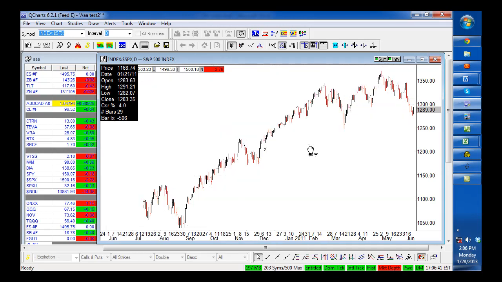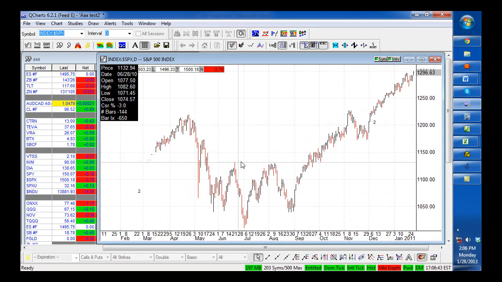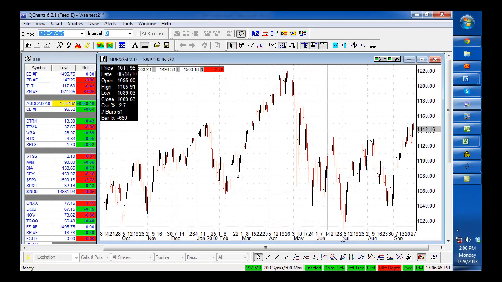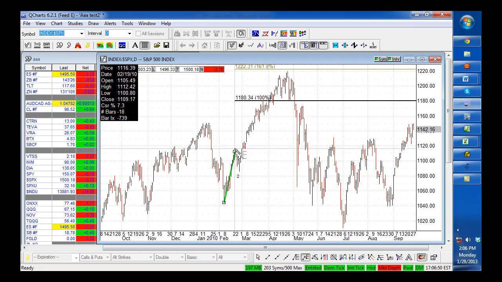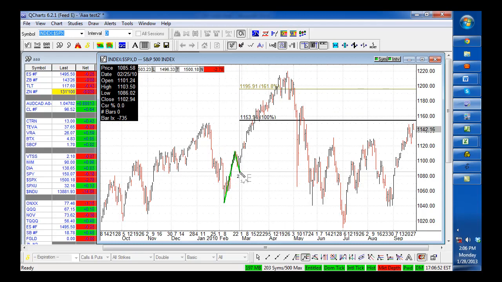Okay, that it's made, and that's interesting to know. See, here we go. Here's one more example. It made it past, more than enough time past the 100% point, and then boom. So here's your 1, 2, 3, 4, 5. See, there's your Elliott wave stuff, right?